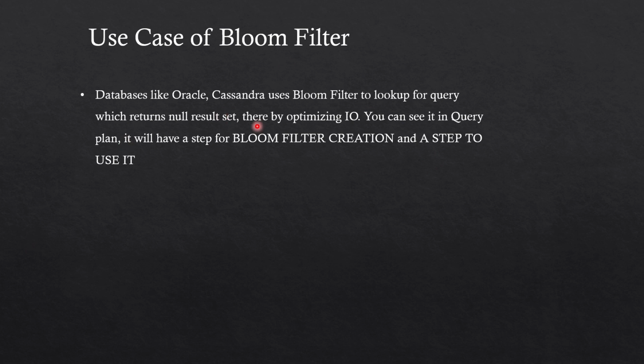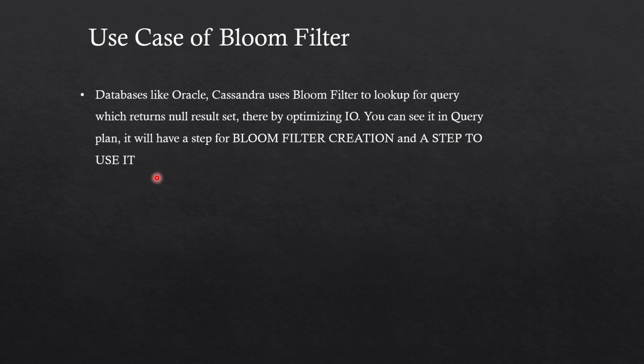And these two things will always come in a case where we have an operation like not exists or not in. There, what the Bloom filter does is it will look into the query and create the Bloom filter for that query condition, and in the use phase it will pass that Bloom filter and the hash function.